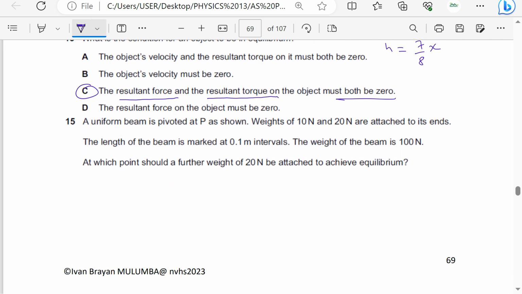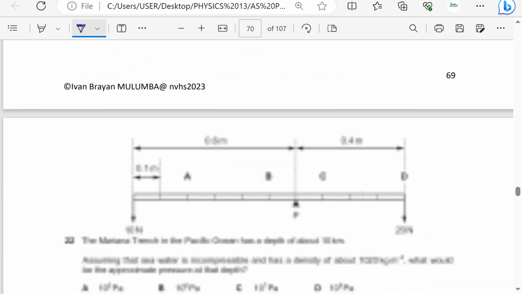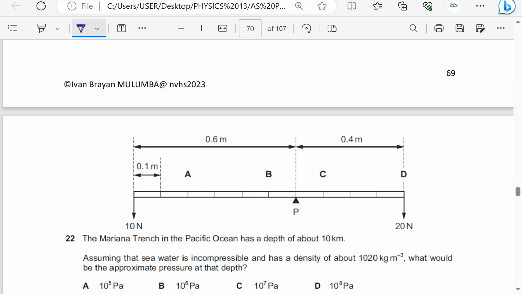A uniform beam is pivoted at P as shown. Weights of 10 newtons and 20 newtons are attached to its ends. The length of the beam is marked at 0.1 meter intervals. The weight of the beam is 100 newtons. At which point should a further 20 newtons be attached to achieve equilibrium?